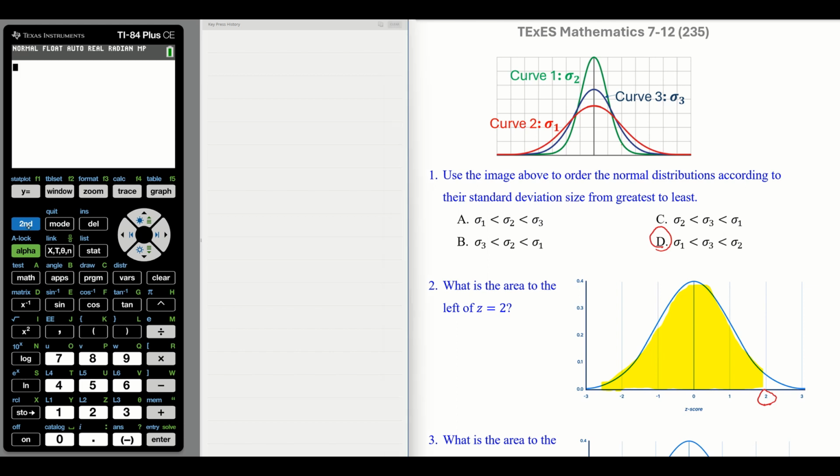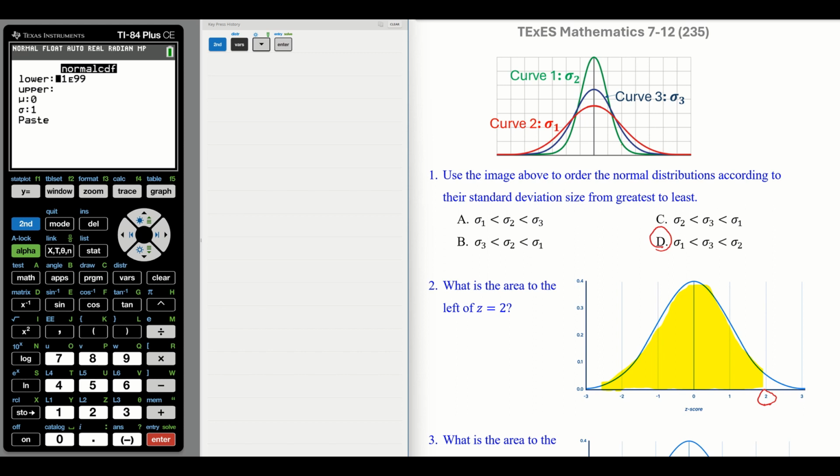So we need 2nd Vars. Now, that is actually number 2 on our list. You can arrow down or push 2, it doesn't matter. And enter. If you're not familiar with this, where the cursor on the calculator is flashing, that is the lower end of your distribution.